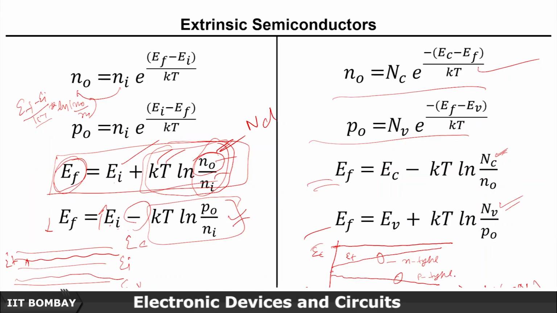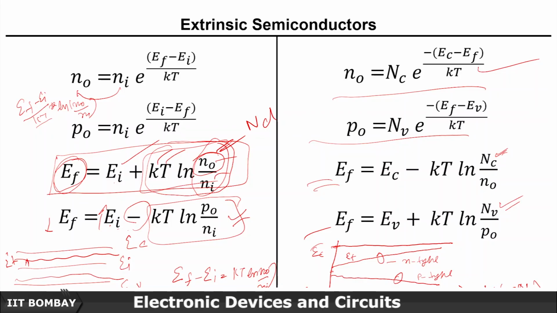Now another question you can observe is what happens with respect to temperature. What will happen when temperature is increasing? It is evident from here that the difference EF minus EI is directly proportional to the temperature.